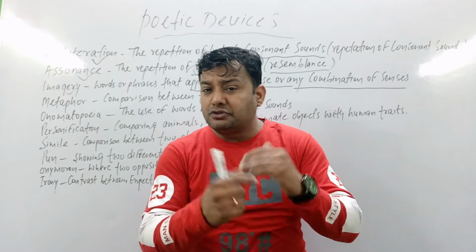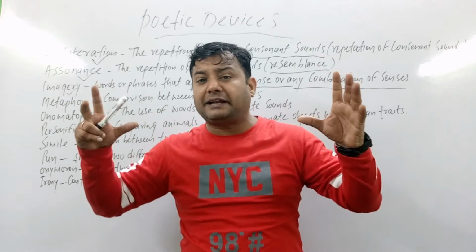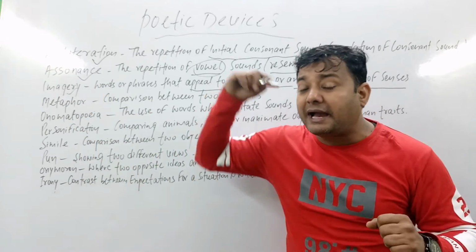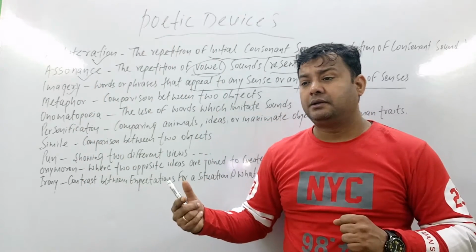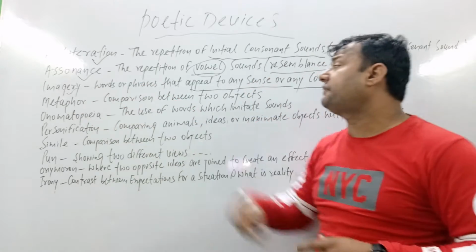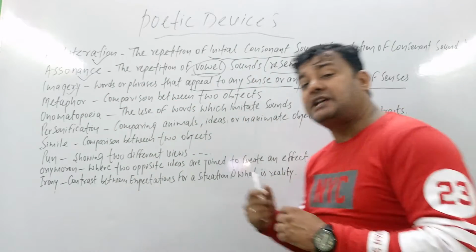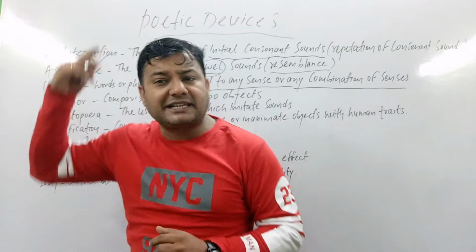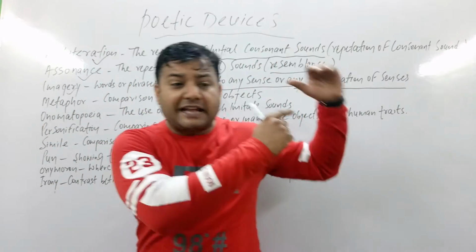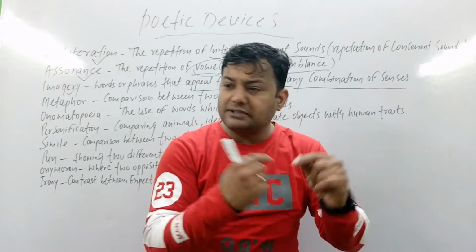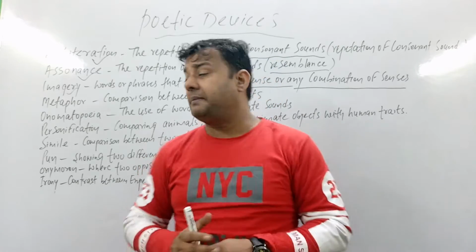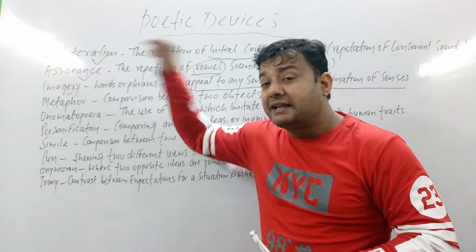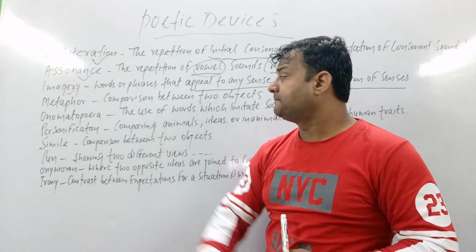It is something like an illusion world जो आपको depict करता है पोएट्री में, जहां पे आपको एक अलग ही world ले जाता है poet. That is imagery. The words or the phrases that appeal to any sense, that you need to go to that place and feel what is going on. तो यहां पे हम checkout करेंगे that figure of speech is imagery.